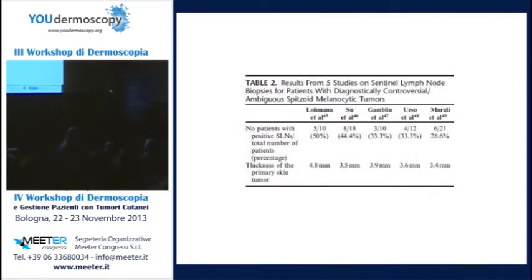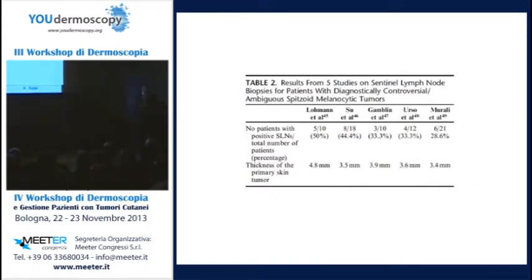And here is the percentage of patients with sentinel lymph node biopsy with ambiguous spitzoid tumors, and you can see here the percentage of so-called micrometastases in these patients is very high, 50%, much higher than you expect in normal melanomas.